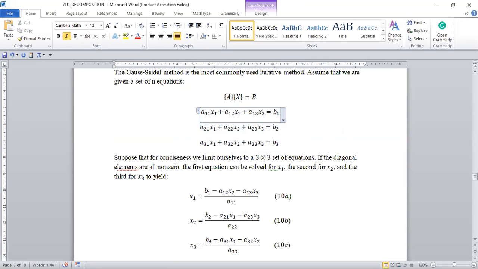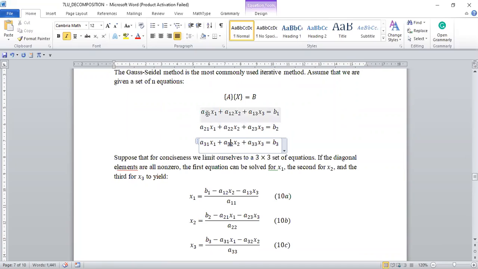So the steps involved in solving using the Gauss-Seidel method: for instance, if you have three equations given by this, this, and this, where you want to solve for x1, x2, and x3, and you have b1, b2, and b3.